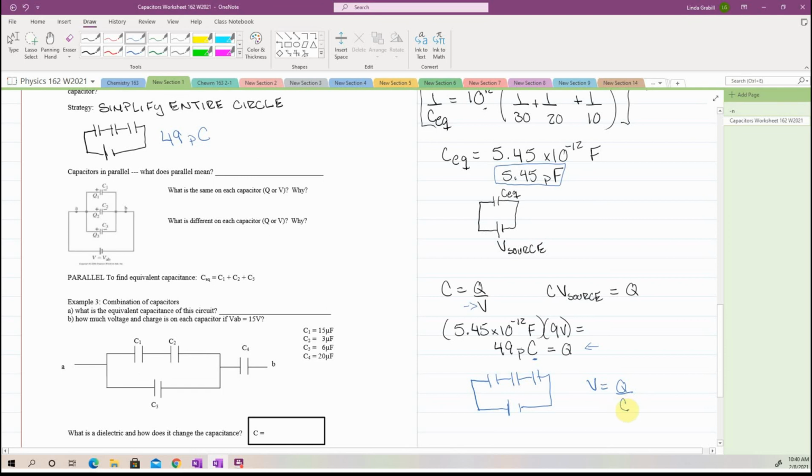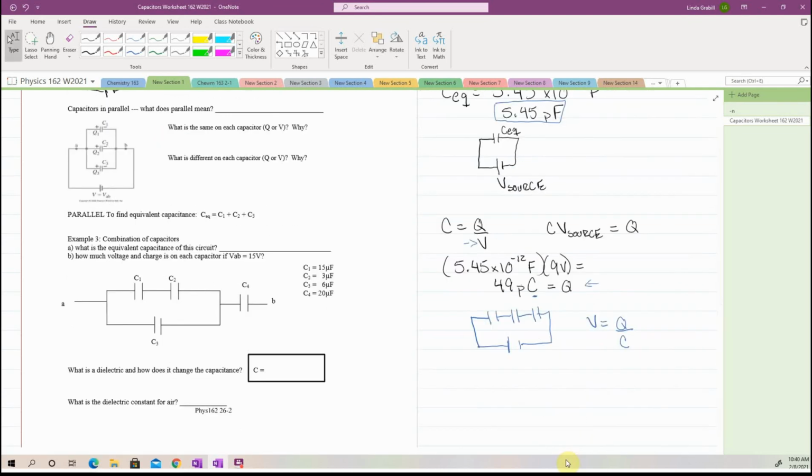So in this particular case, let me just take the 10 to the negative 12, or the voltage is going to be the Q. I'm sorry, my dog is having a little bit of an issue here. 49 times 10 to the negative 12 coulombs. That's the charge on the capacitor divided by the capacitance.